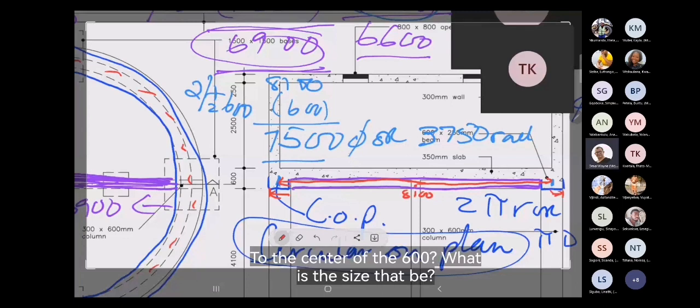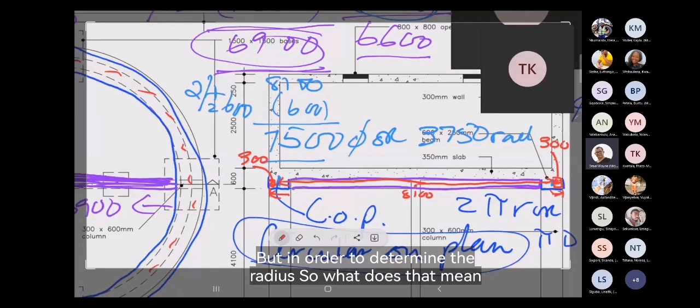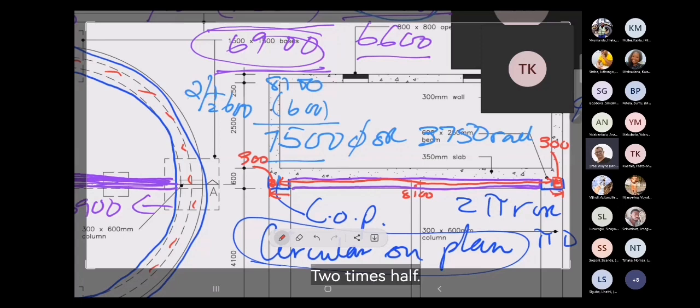What is the size of that? So I must take off 300 there. Let's take off 300 there, in order to determine the radius. So what does that mean? I'm saying deduct 2 times half times 600.